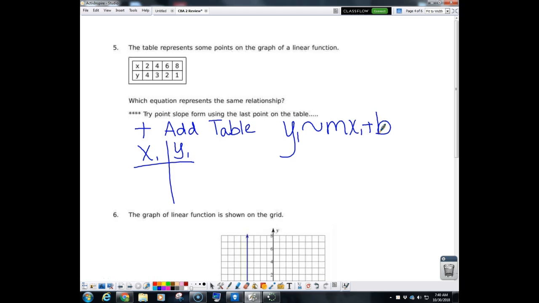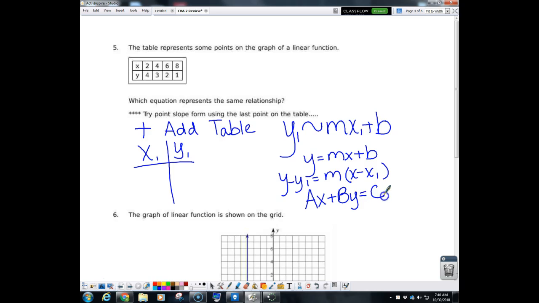Now, your answer choices might not be in y equals mx plus b form. They might be in a different form, right? Sometimes they might look like this: y minus y1 equals m times the quantity x minus x1. Or it also might look like ax plus by equals c, right? It's going to look like one of these three.